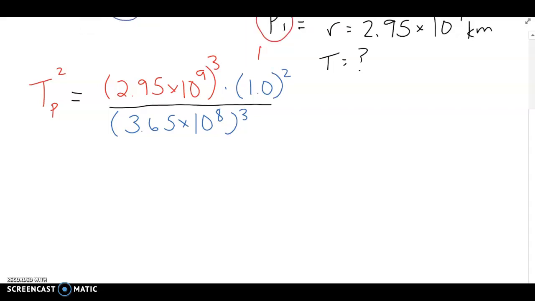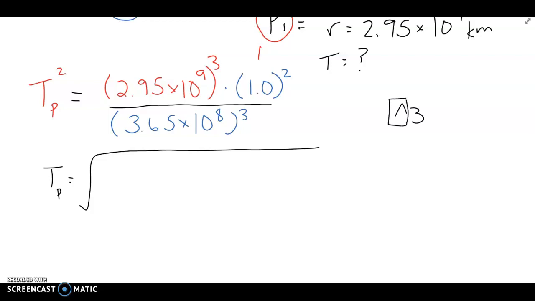So when we do this math, we come out with T squared, and this is Pi's T, square root of, now 1 squared is 1, so we don't have to worry about that. That kind of goes away. But 2.95 times 10 to the 9th cubed, and that means you're going to have to use the caret, the caret 3.